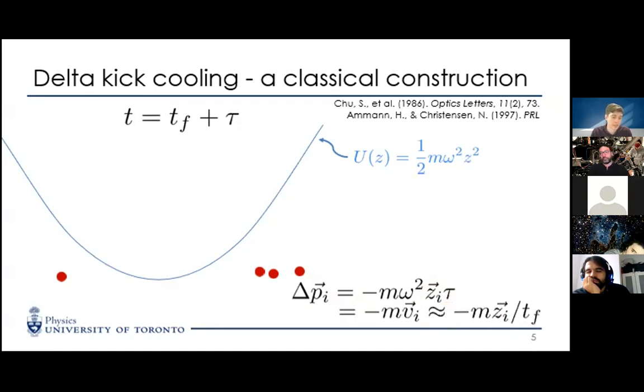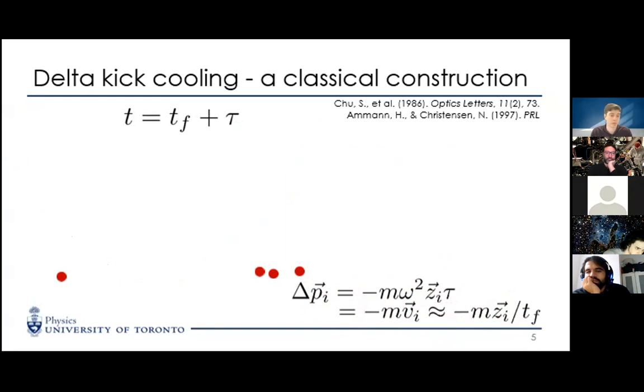And so if we set this kick such that it equals the final momentum of the particle, where the final velocity was again linear in its position, then not only will this kick cancel the momentum and bring the particle to rest, but in fact this final position, Z, on both sides of the equation drops out of the problem.